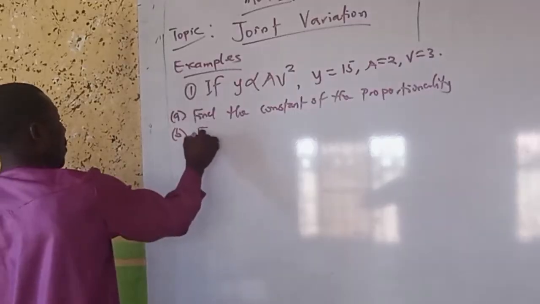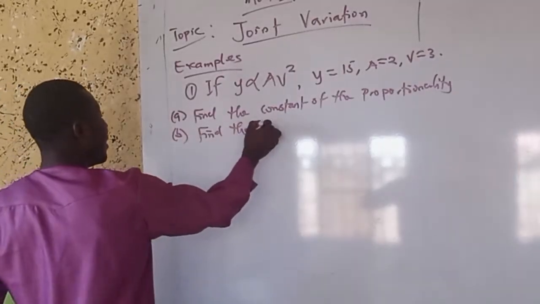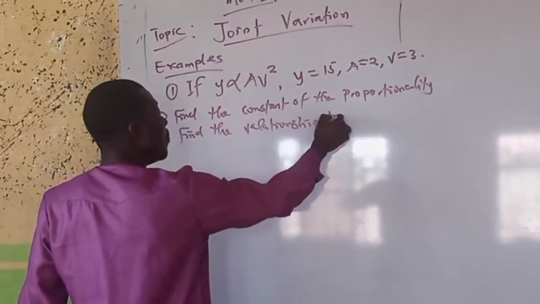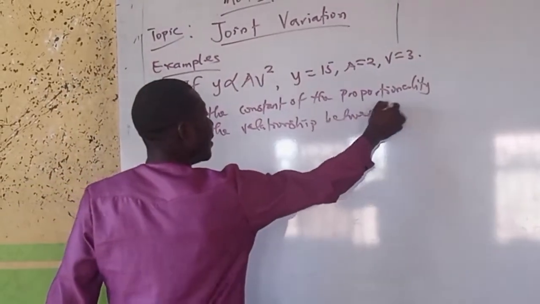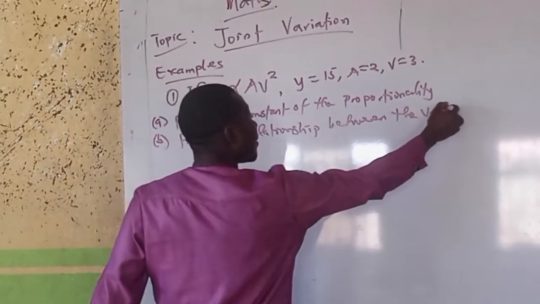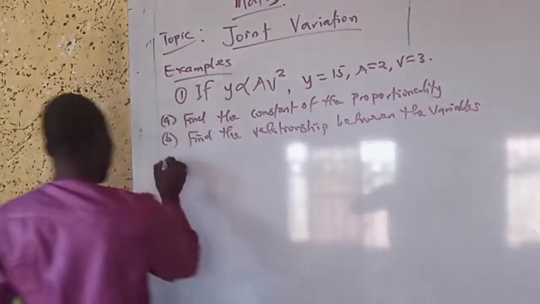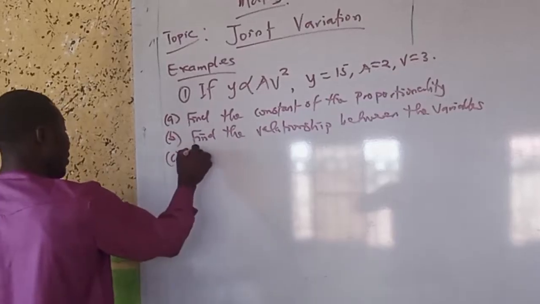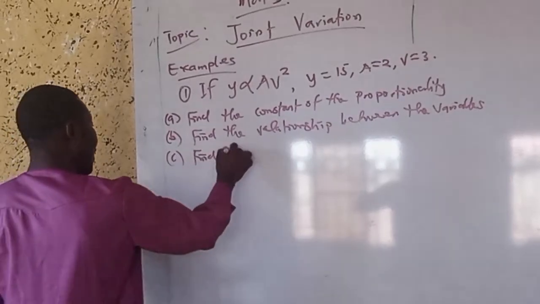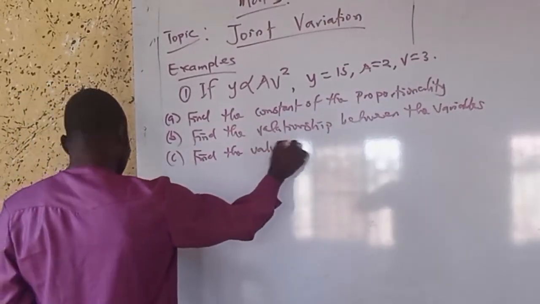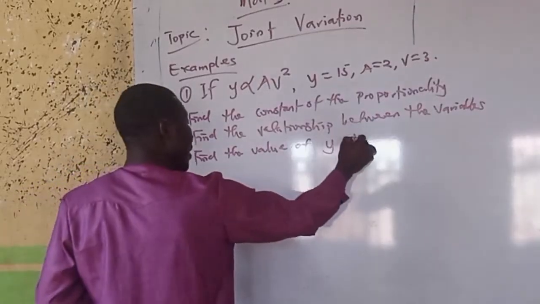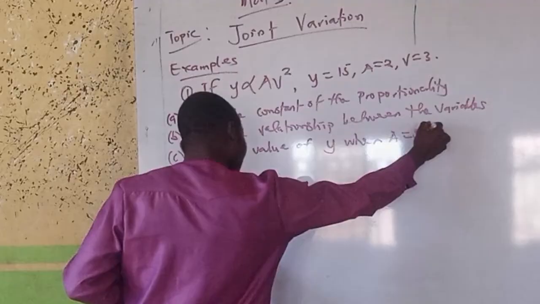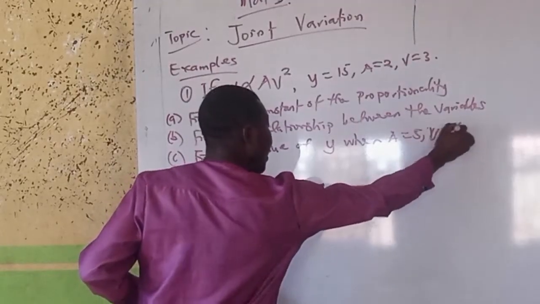Second, we are asked to find the relationship between the variables. Another question is to find the value of y when a equals 5 and v equals 6.